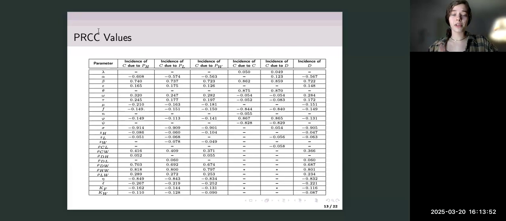This is our PRCC values. As you can see, a lot of the parameters in our model showed up as having a significant PRCC value. And the main thing to note here is that the closer a PRCC value is to the absolute value of 1, the more significant that value is. And a negative PRCC value implies a negative correlation.